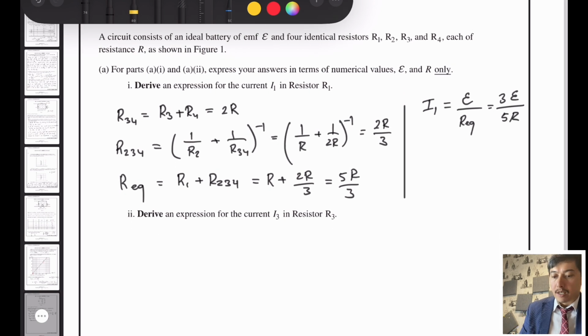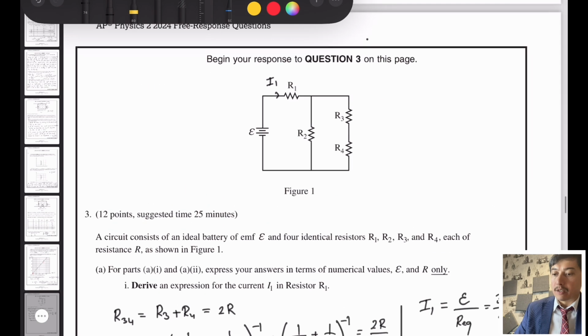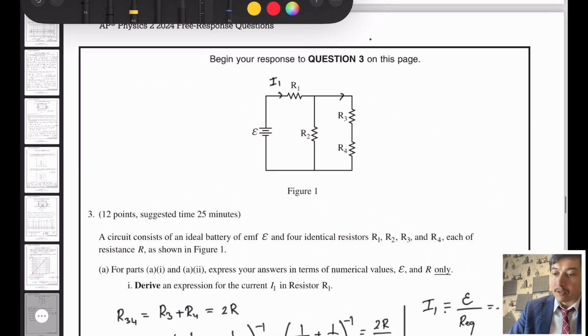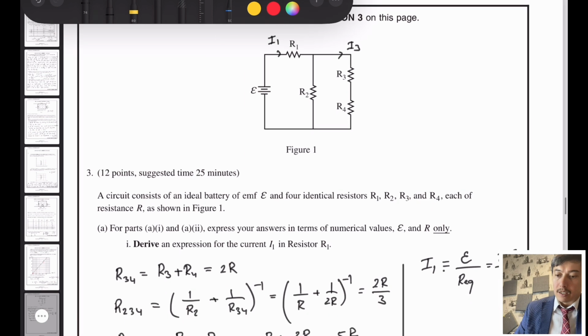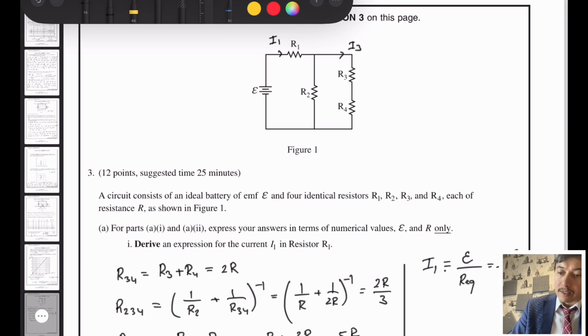Next, derive an expression for the current I3 in resistor R3. So we have to find what is the current passing through R3. Now, before going on, let's define some potentials. Let's say the potential across R2 is dV2, and the potential across resistors R3 and R4 is dV3,4.